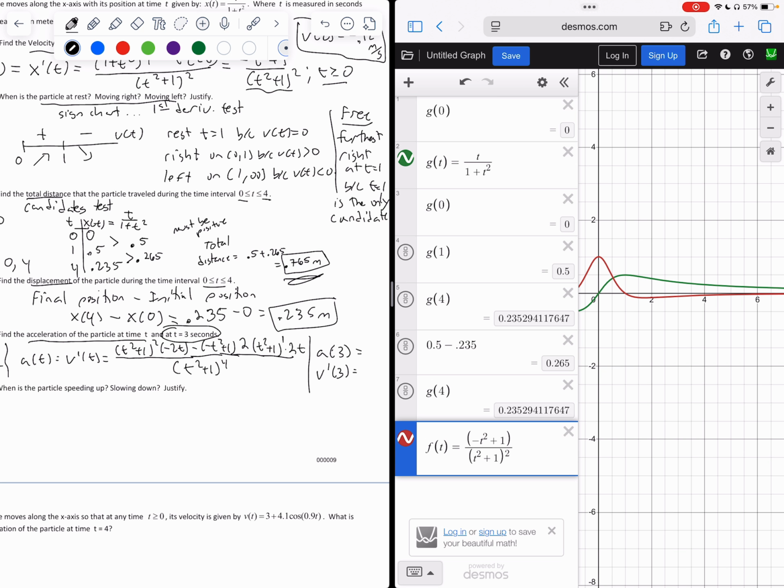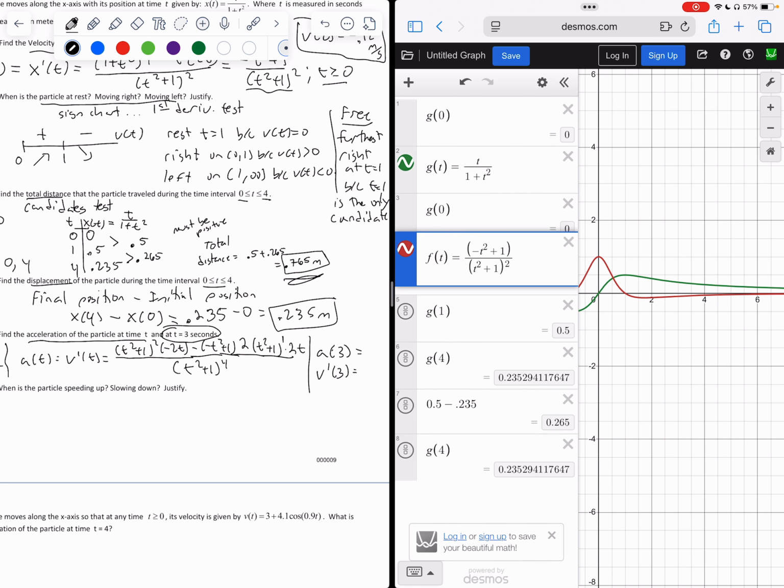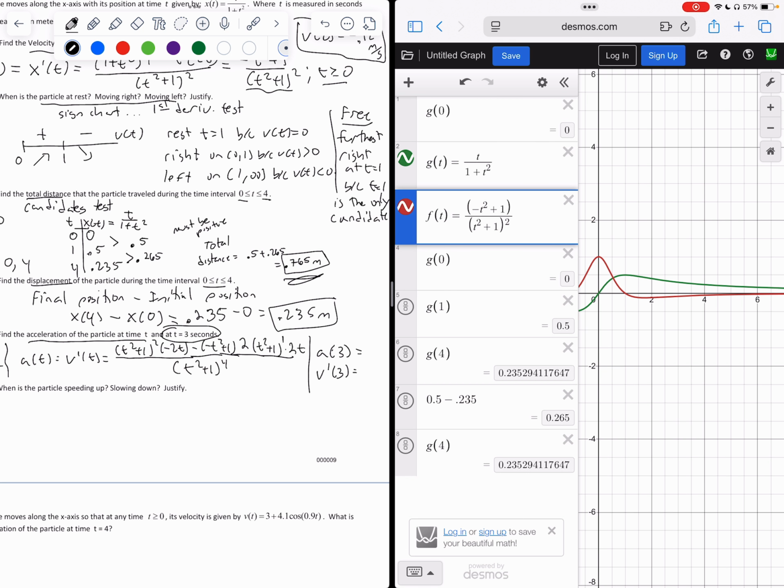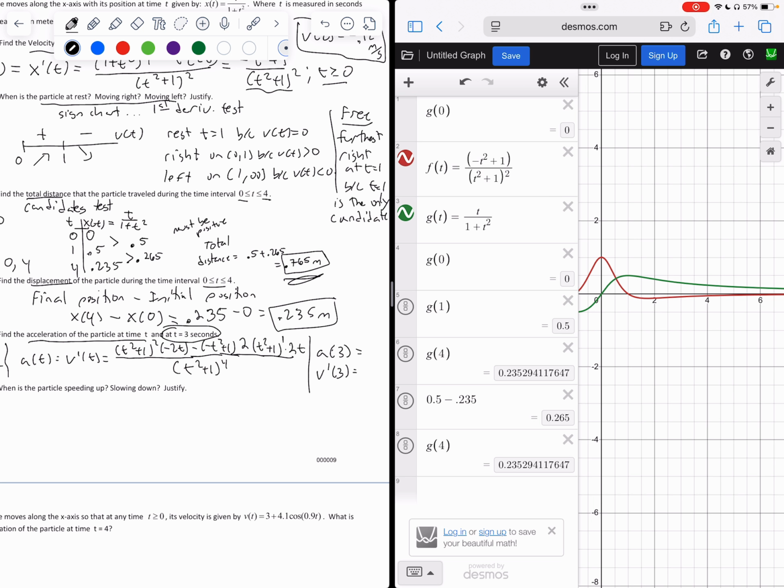So let's go back over to my Desmos graph. You might remember we used this f of t right here for the velocity. Remember, this is my velocity equation. So all I have to do is find the derivative at 3 for that graph.